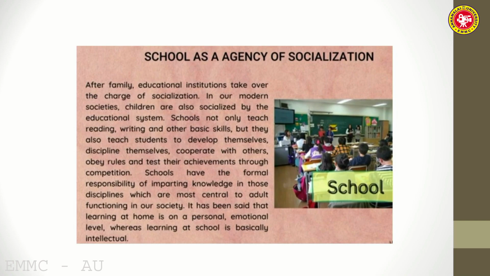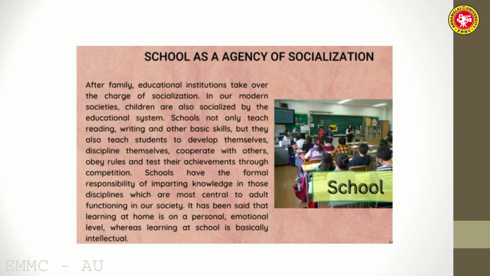Schools have the formal responsibility of imparting knowledge in those disciplines which are most central to adult functioning in our society. It has been said that the learning at home is on a personal, emotional level, whereas learning at school is basically intellectual.